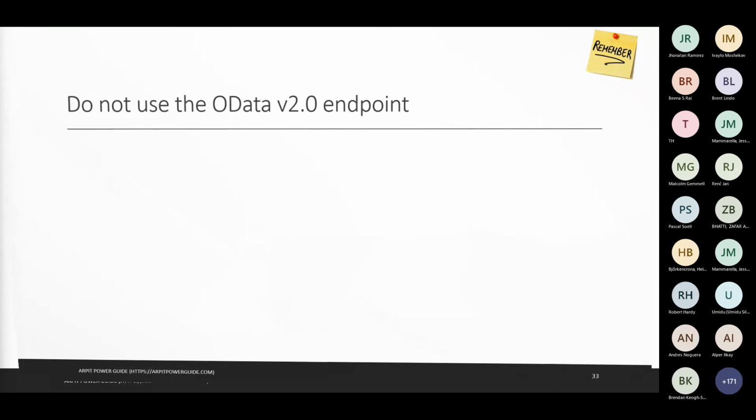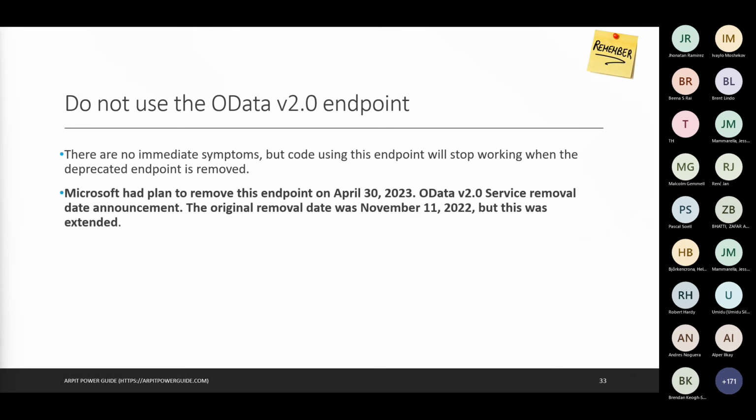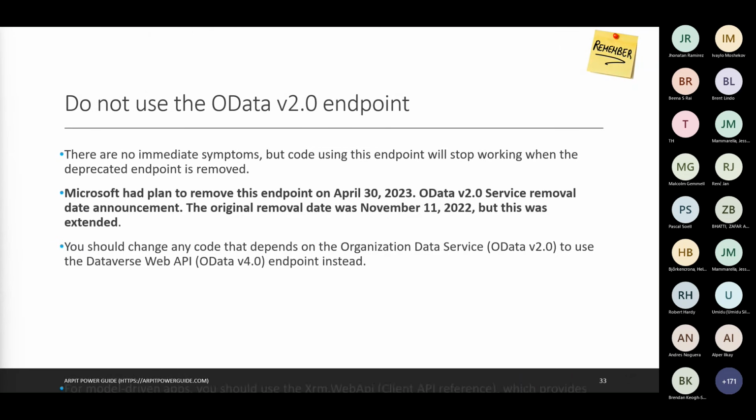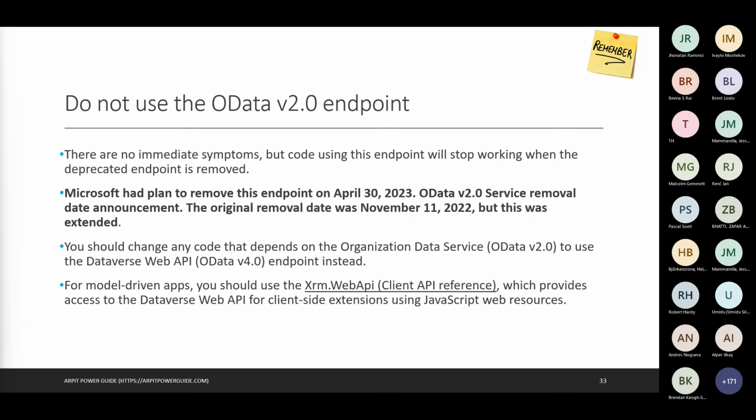So you can check whether you want to include the navigation bar while opening a particular page programmatically. Do not use the OData endpoint. There are no immediate symptoms, but code using the endpoint will stop working. Microsoft has extended the deprecation date of the OData v2.0 endpoint. Earlier it was November 2022, now they have extended it to April 2023.